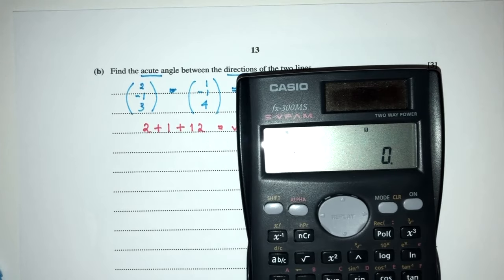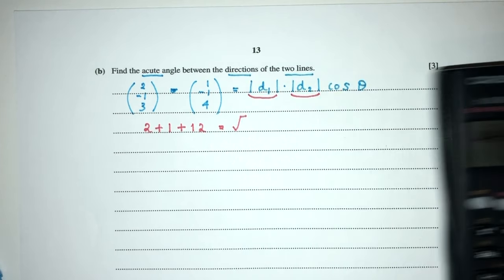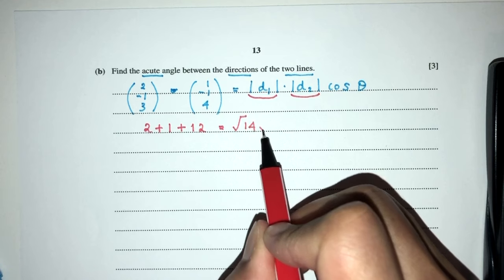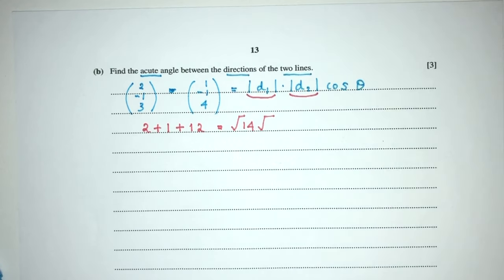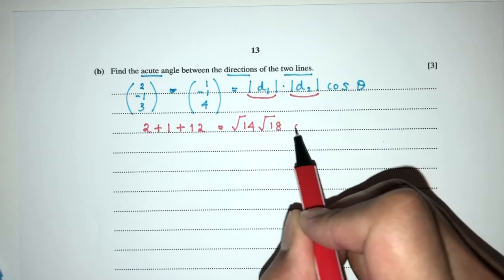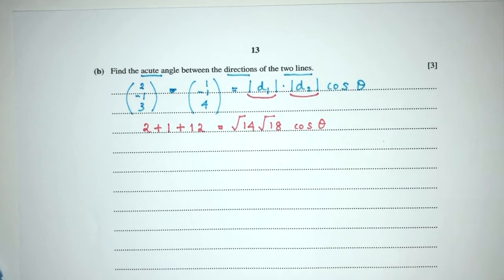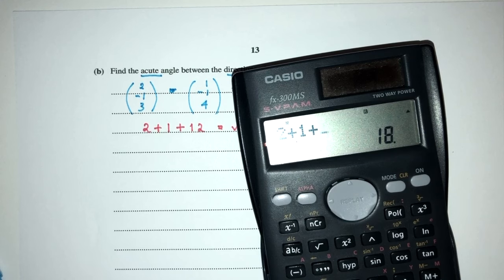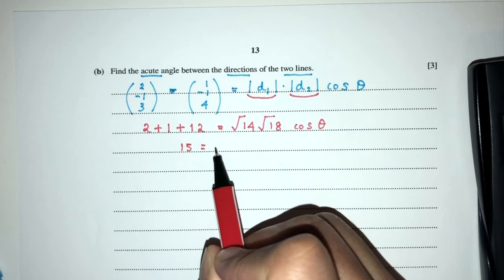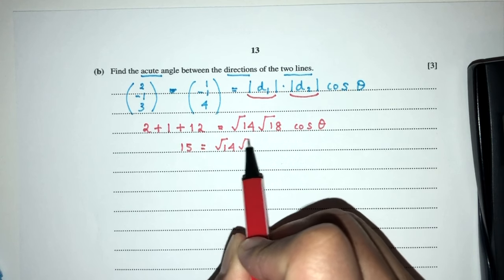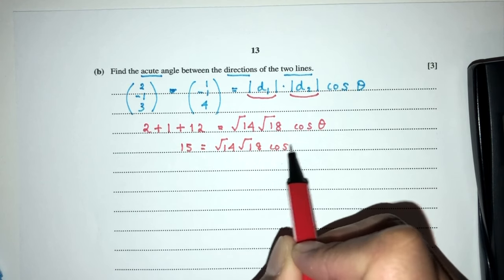We have 4 plus 1 plus 9. That should be 14. And this one will be 1 plus 1 plus 16. That should be 18. That will be cos of theta. So we have 2 plus 1 plus 12. That will be 15. And here we have this and this over cos of theta.